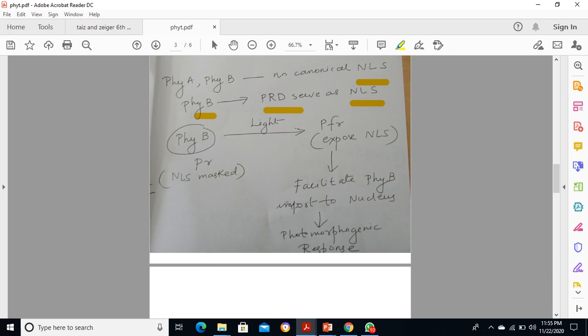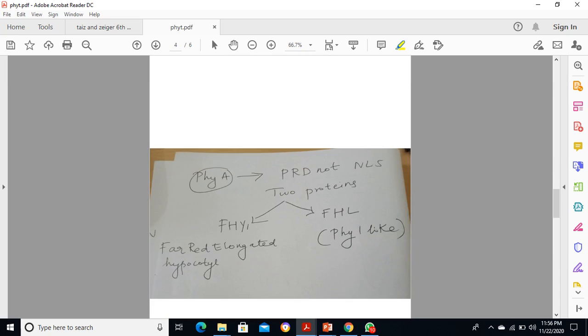Phytochrome B in the PR inactive form has the nuclear localization signal masked. When they get light, they are converted to the active PFR form, so the nuclear localization signal is exposed. This facilitates phytochrome B moving to the nucleus. In the nucleus, there will be certain gene expression and photomorphogenic responses will take place.